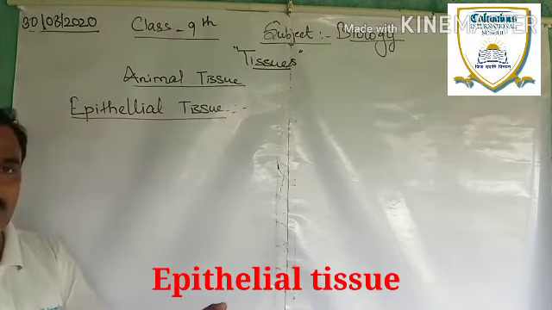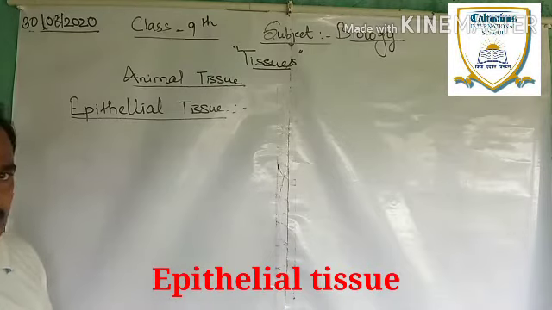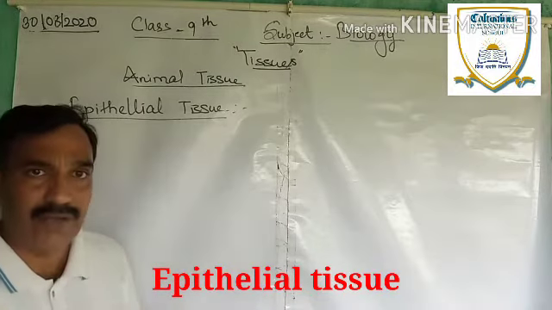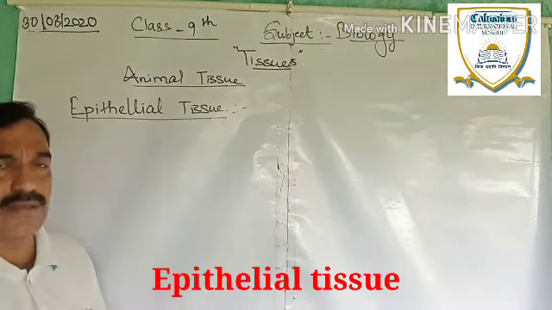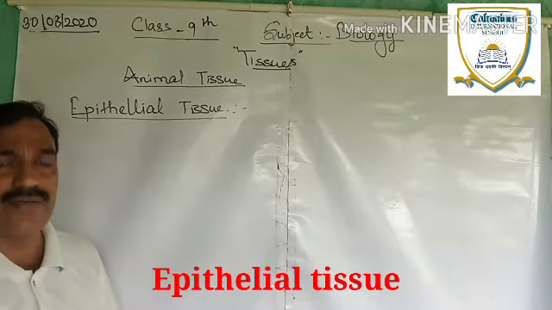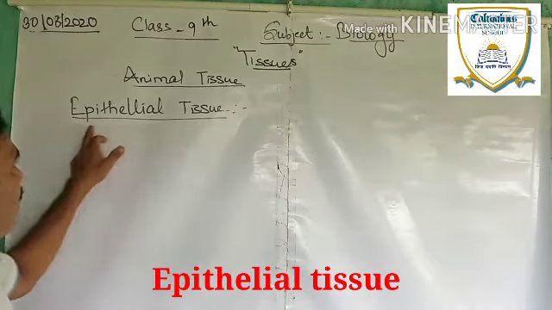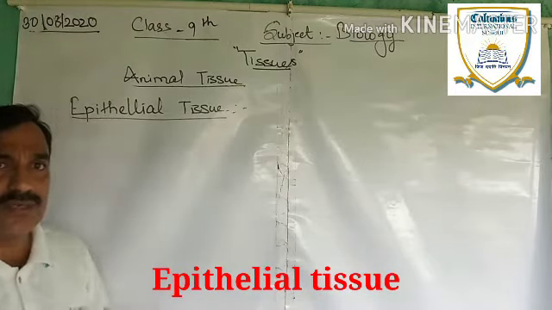This skin is the lining of our external body muscles. In the same way, the internal organs, the lung, the esophagus, the stomach, the duodenum, the heart, the alveolus, each and every organ has a covering, a lining of tissue, and that tissue is called epithelial tissue. Epithelial means covering. Epithelial means cover.